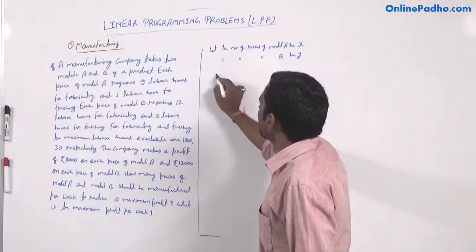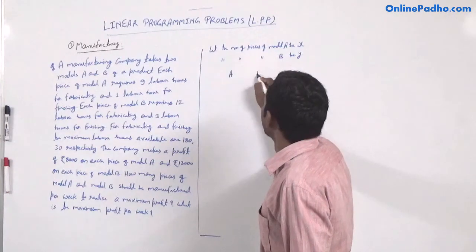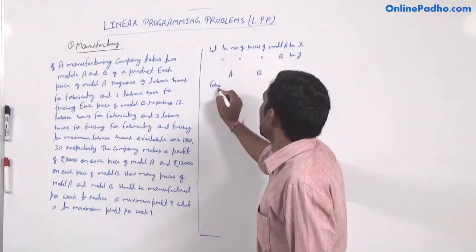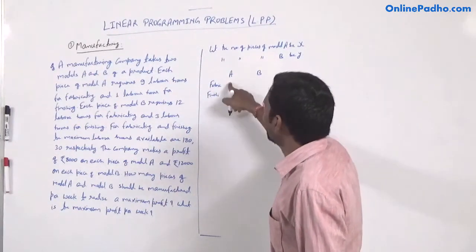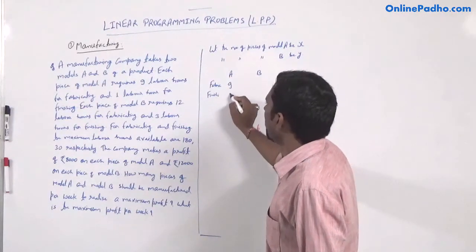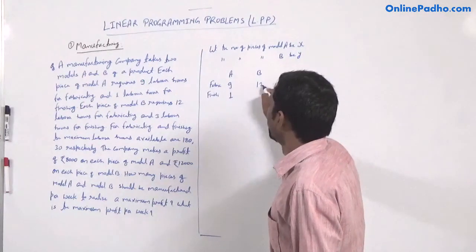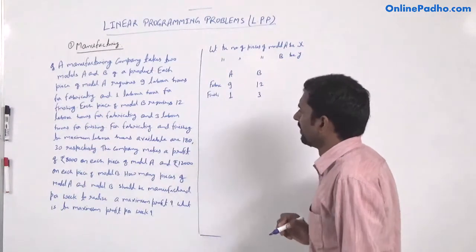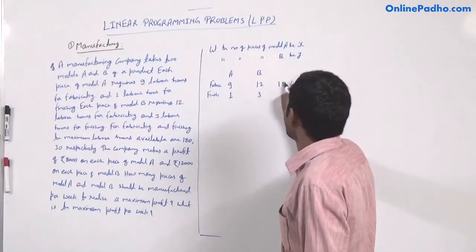We can draw a rough diagram: model A, model B, fabricating and finishing. Model A requires 9 hours fabricating and 1 hour finishing. Model B requires 12 hours fabricating and 3 hours for finishing.